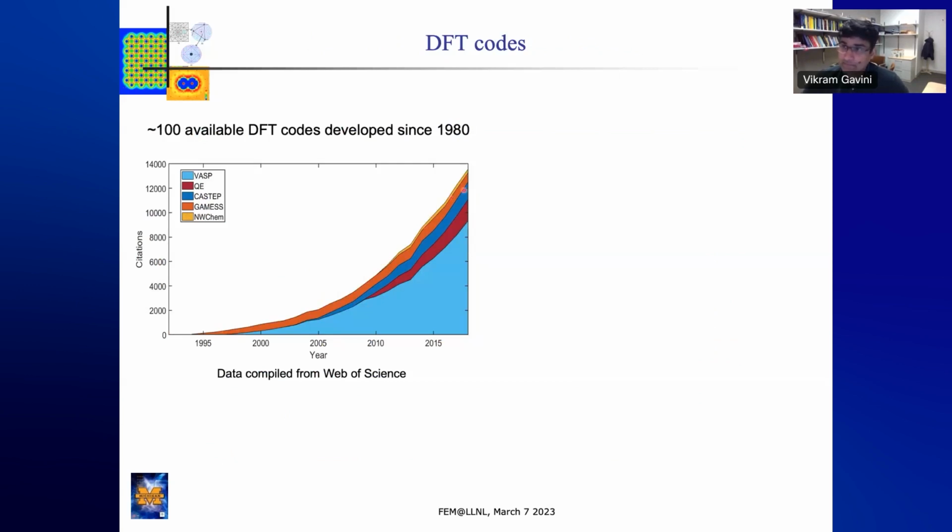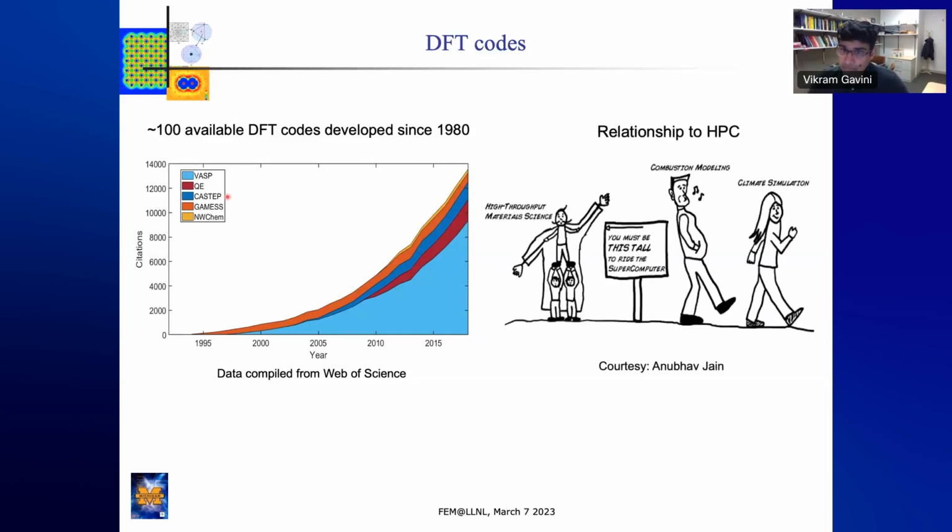If you look at some of the codes that I listed here, many of them are based on plane wave basis because it is a systematically convergent basis, and it is highly suitable for solid state calculations.